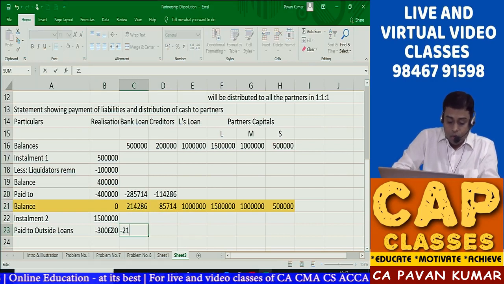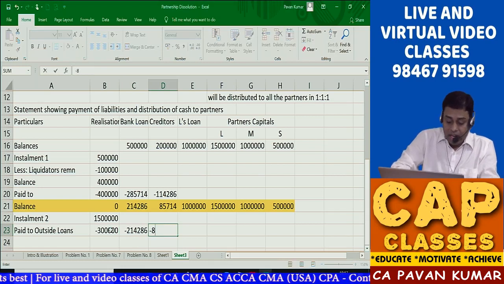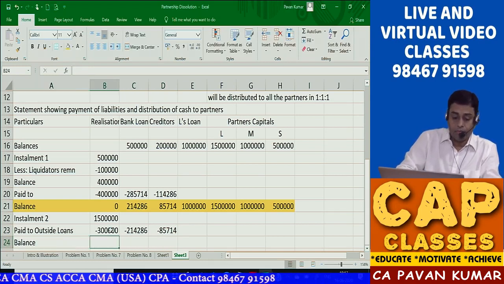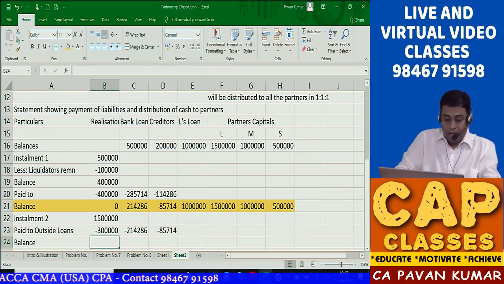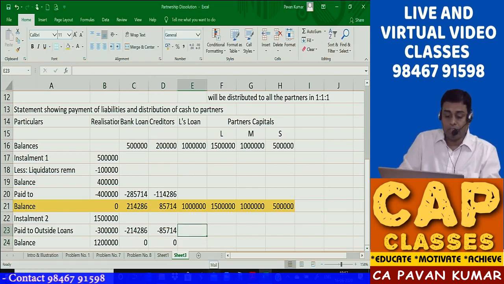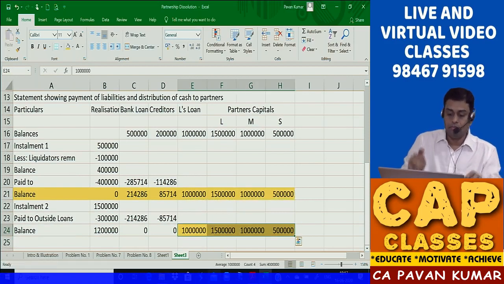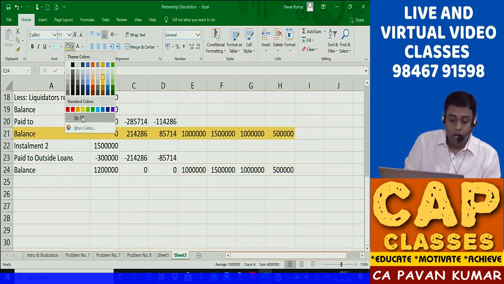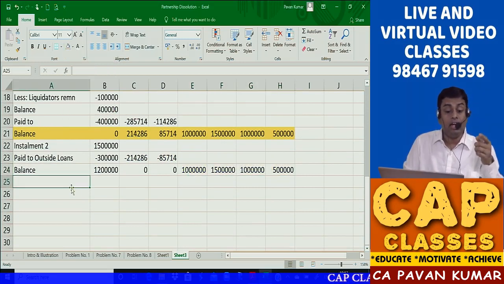In that, minus 2,14,286 you paid here. Minus 85,714 you paid here. Okay. So balance. Here this has become 12 lakhs. This has become 0. This has become 0. All these things will come as it is. Okay. So this is after installment 2 to outsiders. But still you have 12 lakhs.